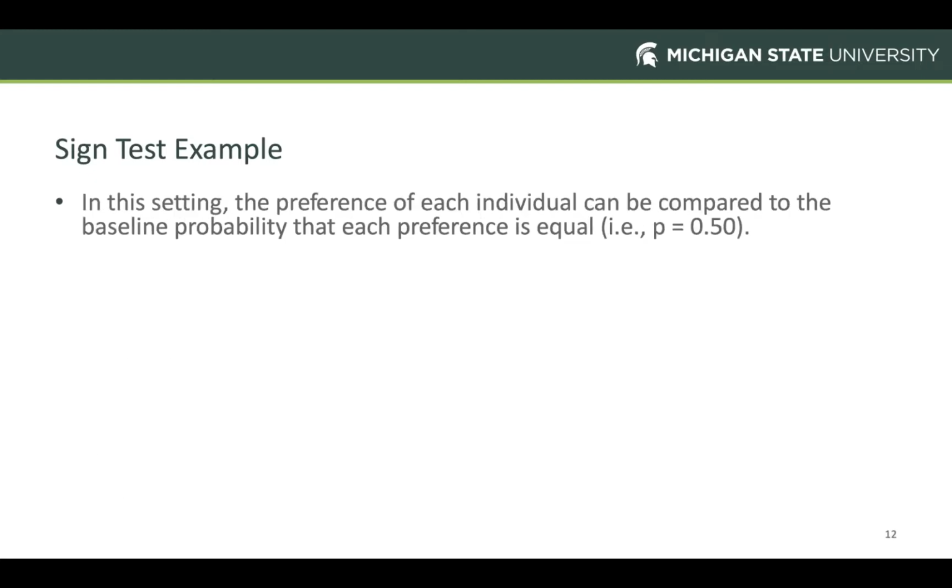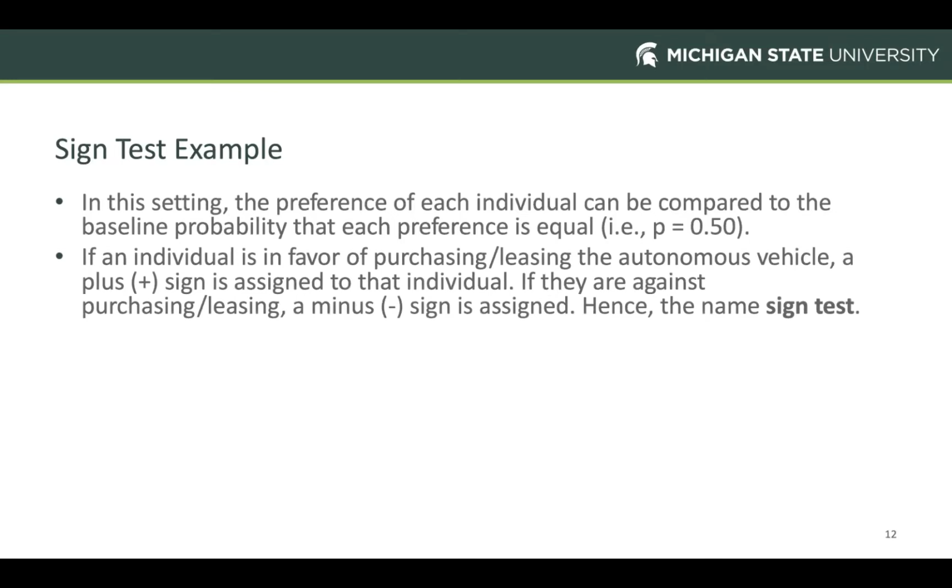And so in this setting, we're basically comparing the preference of each individual to that baseline probability of 0.5. So if they answer yes to that survey response, that person's probability is 1. We've observed that. If that person's response to that question is no, their probability is 0. And so we can compare each of those individual observations to that baseline probability of 0.5.